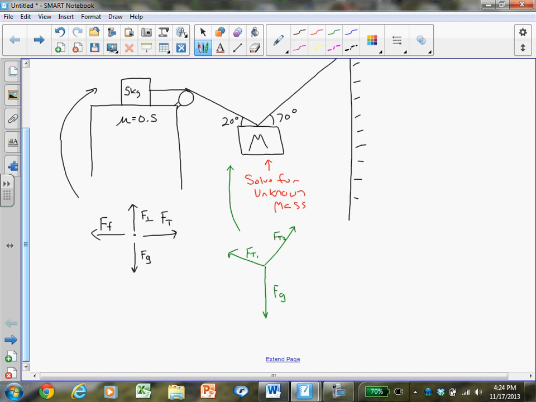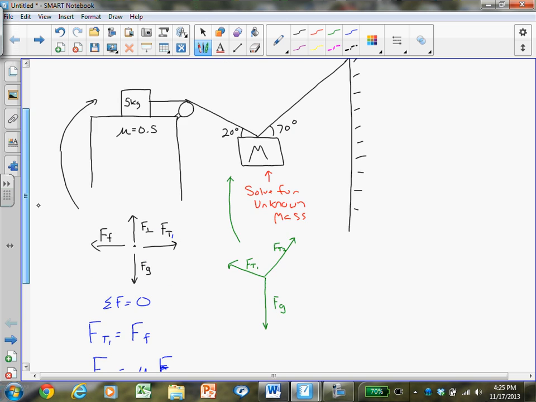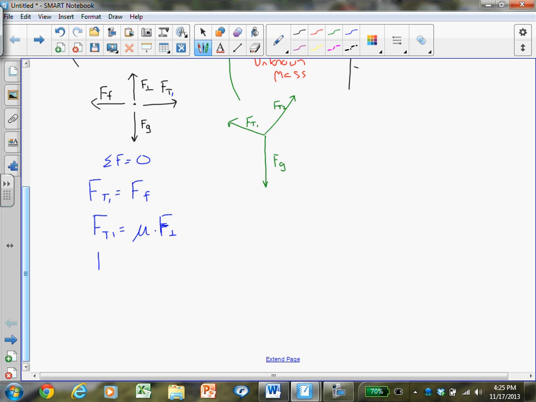Well, from the first one, we know that Ft, from the sum of the forces equals 0, equals Ff. And that tension is also Ft1, since it connects in a rope around to that. So Ff would be mu times F perpendicular, which, since it's flat, is mg. So we can calculate it right off the bat because we know what mu is.